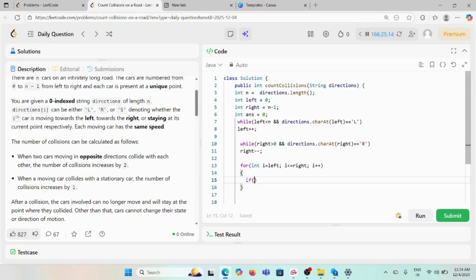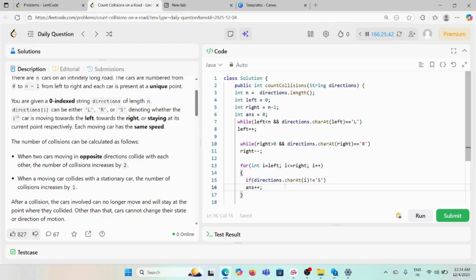Then here we will check that if directions.charAt(i) is not equal to S, because that is a moving car. Oh, the spelling is wrong. So we are skipping the stationary cars and taking the count: we will make answer plus plus, right?